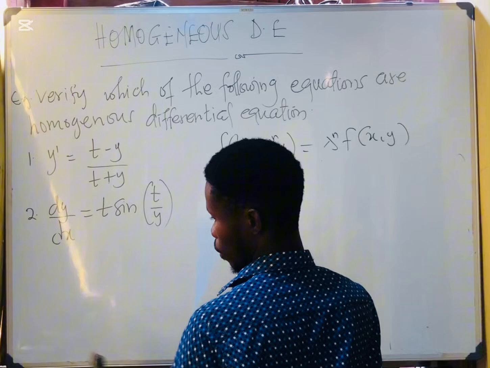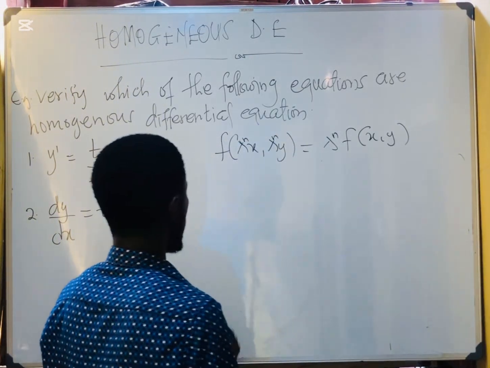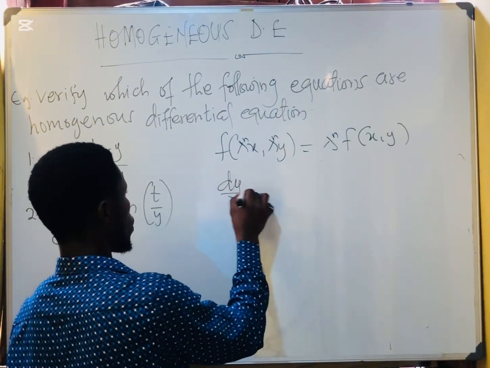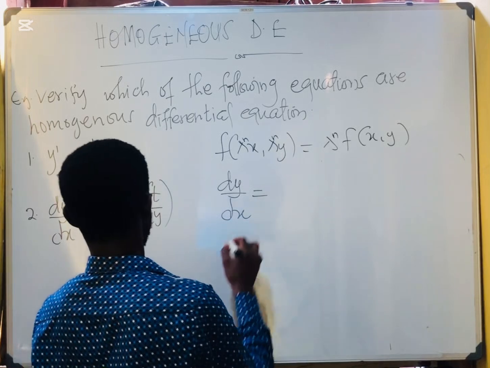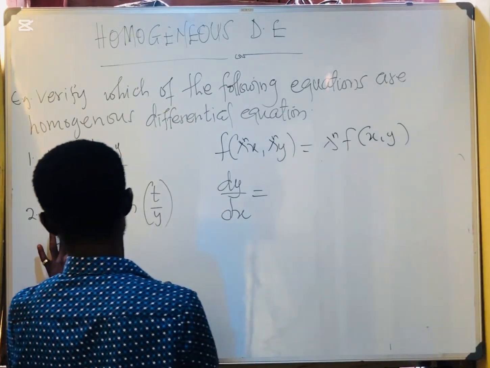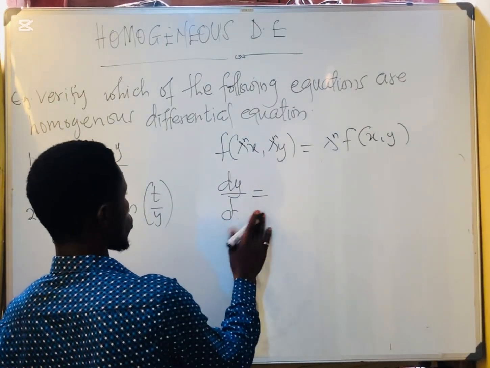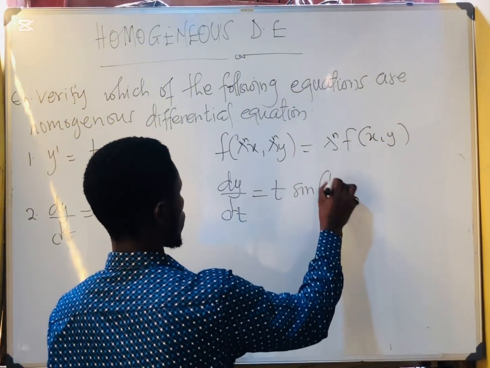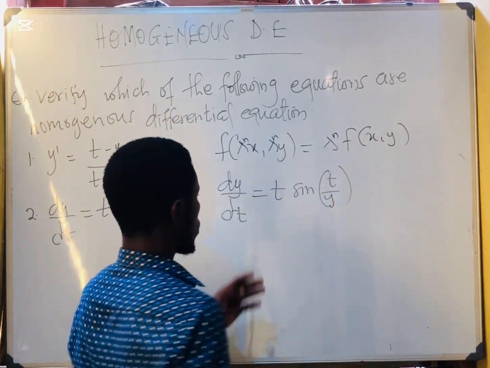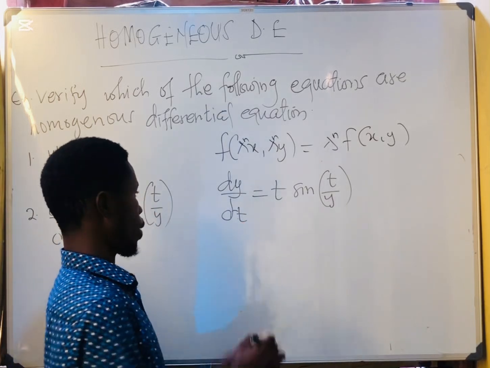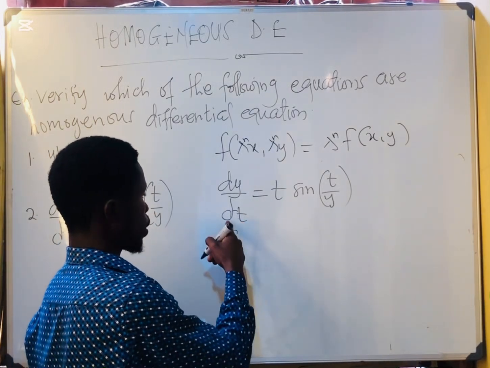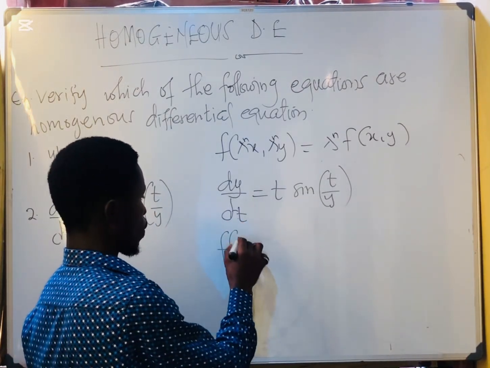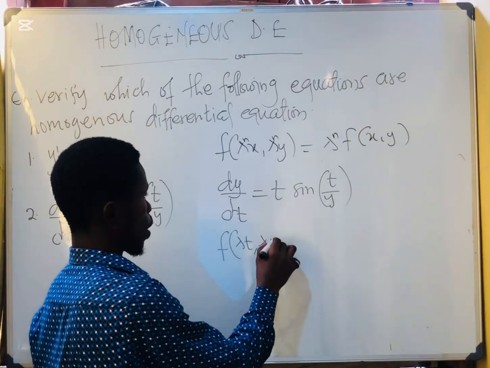So the next example we have is dy/dt equals, let's take, (t cos t sin t) over y. So with this one, I'm going to replace this by the function of lambda t, lambda y.